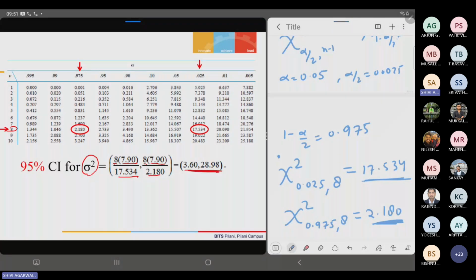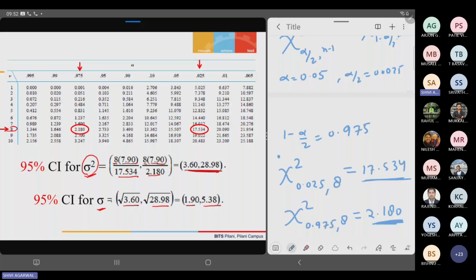And now for sigma, we are taking what? The square root of it. So we are taking the square root of 3.60 and the square root of 28.98. So it is 1.90 and 5.38. Got it? So that is the difference between sigma square and sigma.